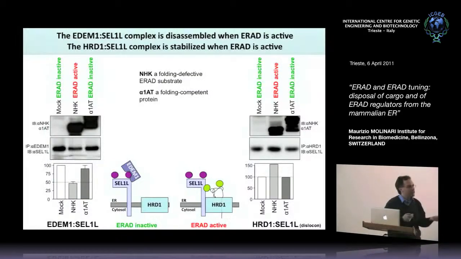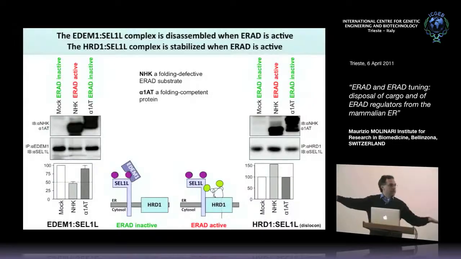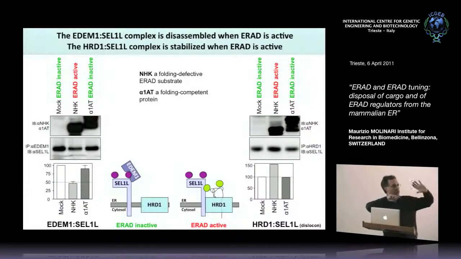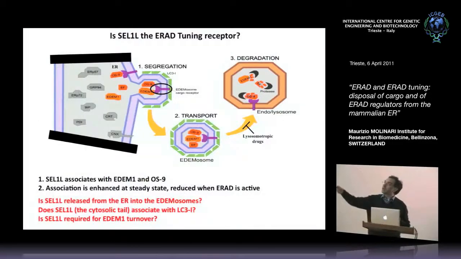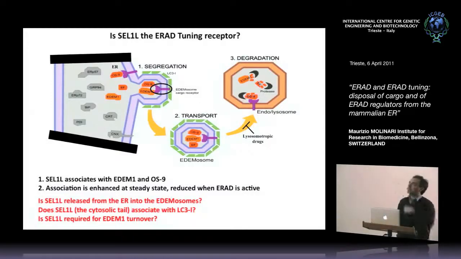And when you don't need the degradation of substrate, at steady state, you want to remove the chaperones from the endoplasmic reticulum. At steady state, you want to promote folding, so you want to lower the concentration of those. So we were wondering whether the complex that people describe between cell 1 and EDEM is the complex that we are looking for, the complex that brings EDEM and OS9 into the vesicle for degradation in the absence of ERAD activity.